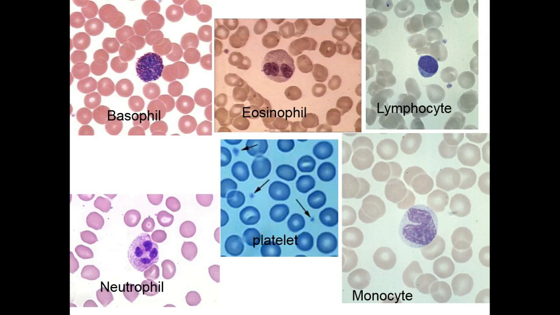They pick up the stain, and that's what we call the granulocytes. They have little particles in the cells that pick up the stain. You can also see them if they're not stained, but you have to have a pretty powerful microscope.